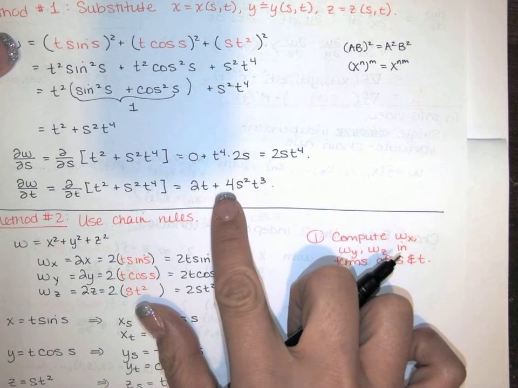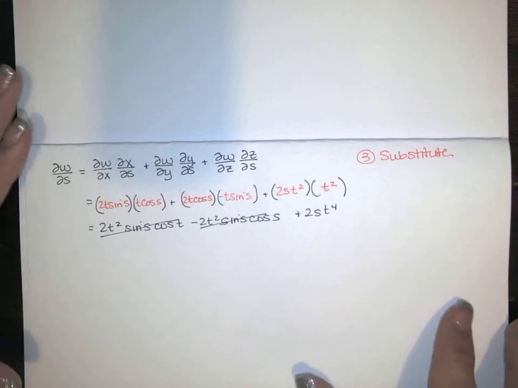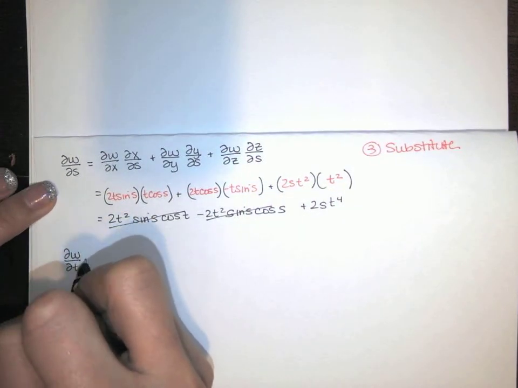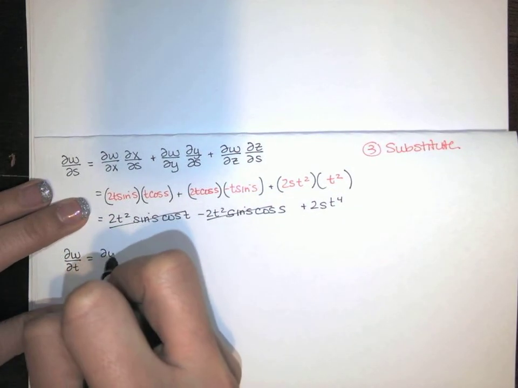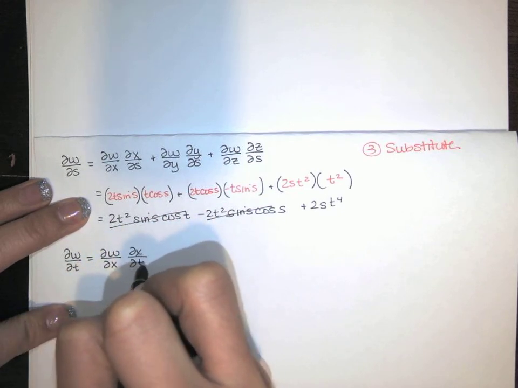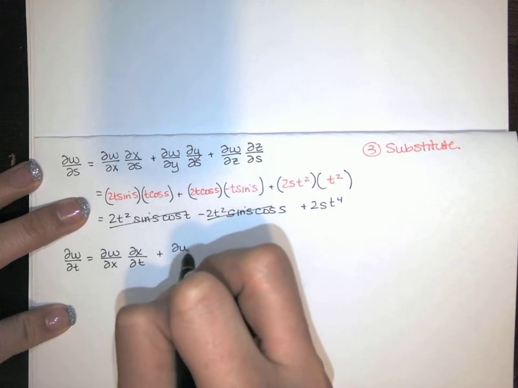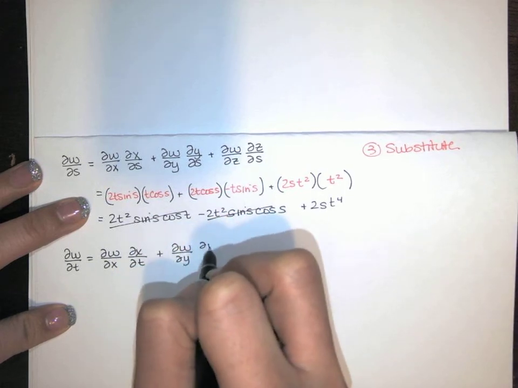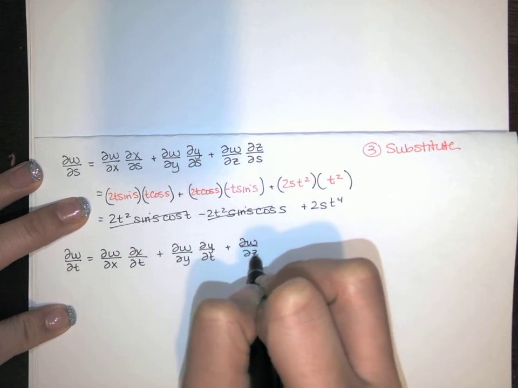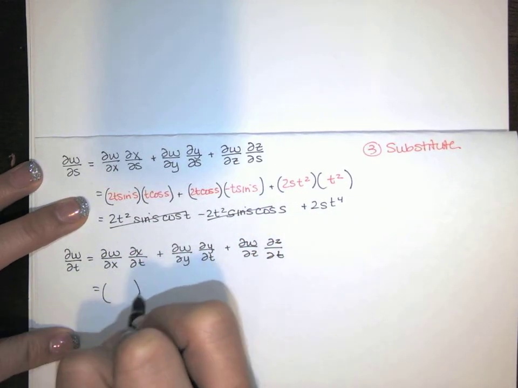This is the answer for the partial of w with respect to t. Let's see if we get the same thing using the formula. So the partial of w with respect to t has 3 terms. We've got one term that has x's in it, one term with y's, one term with z's, and then we just substitute.